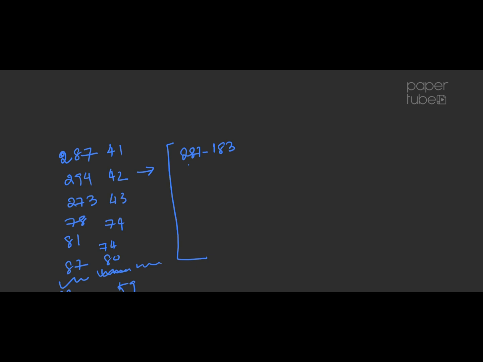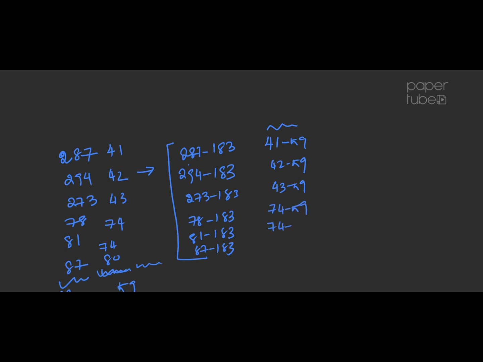So 287 minus 183, 294 minus 183, 273 minus 183, 78 minus 183, 81 minus 183, 87 minus 183. And then you do the same for the y column, or the second measurable quantity, 41 minus 59, 42 minus 59, 43 minus 59, 74 minus 59, 74 minus 59, 80 minus 59.